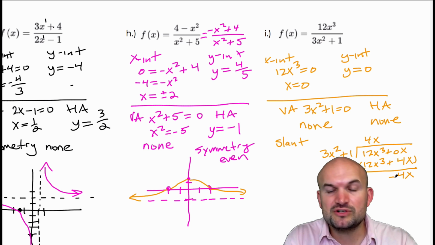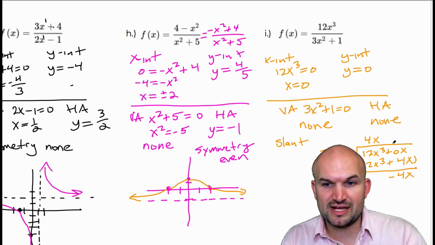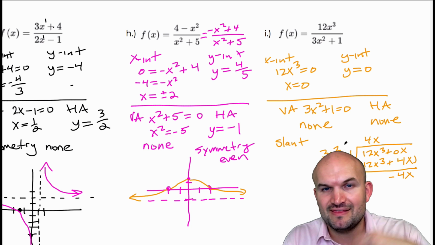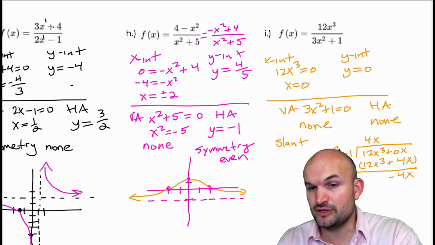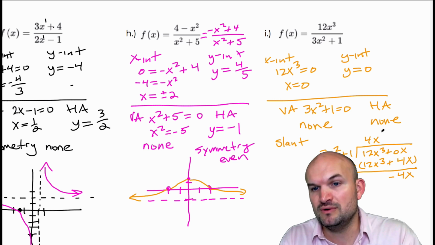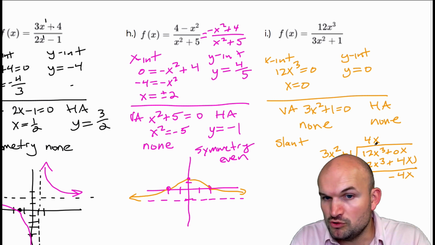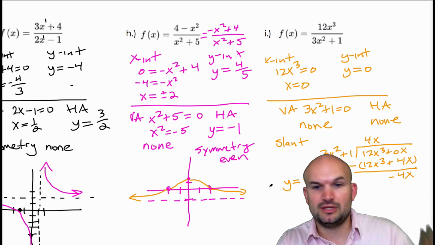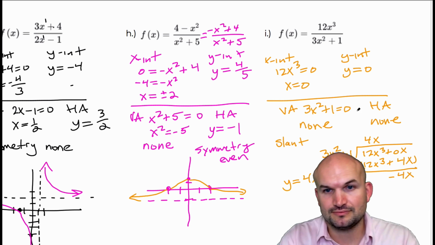But it doesn't really matter what your remainder is, because even though you can write that as the quotient, the remainder over the divisor is going to eventually approach 0. It approaches that asymptote. So all we're concerned about here is the quotient. So my slant asymptote is y is equal to 4x. That's going to be a linear line here at 4x, pretty steep.